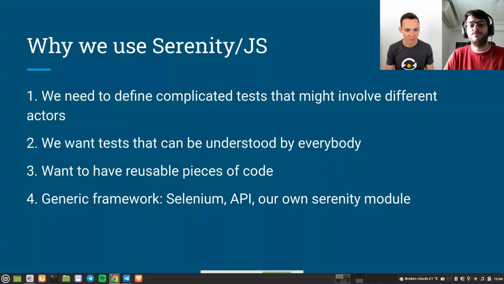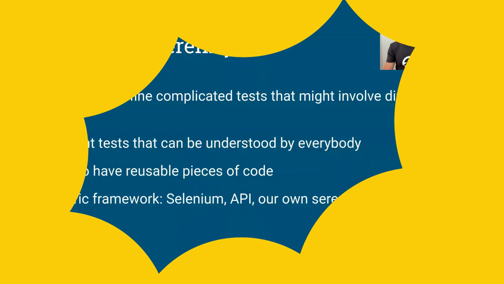You have different abstractions that allow you to do this. Once you design the pieces, where I'm going to put this and that, then it will be easy to reuse, right?